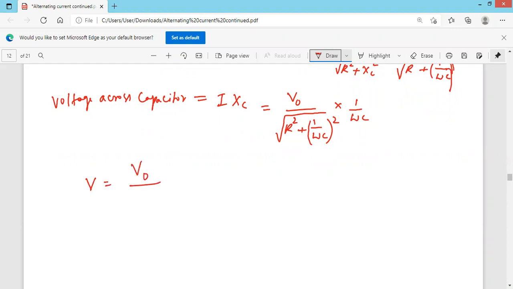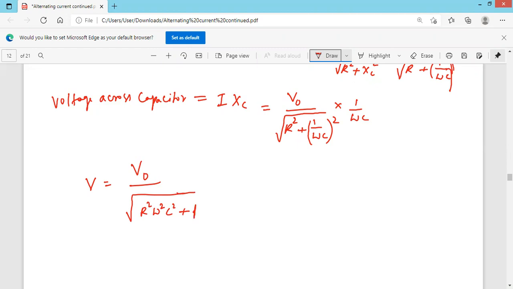Now the voltage across the capacitor V is equal to V naught. If the omega C is taken into the bracket, it becomes omega square C square. Then it becomes R square omega square C square plus omega square C square divided by omega square C square, which cancels and becomes 1.